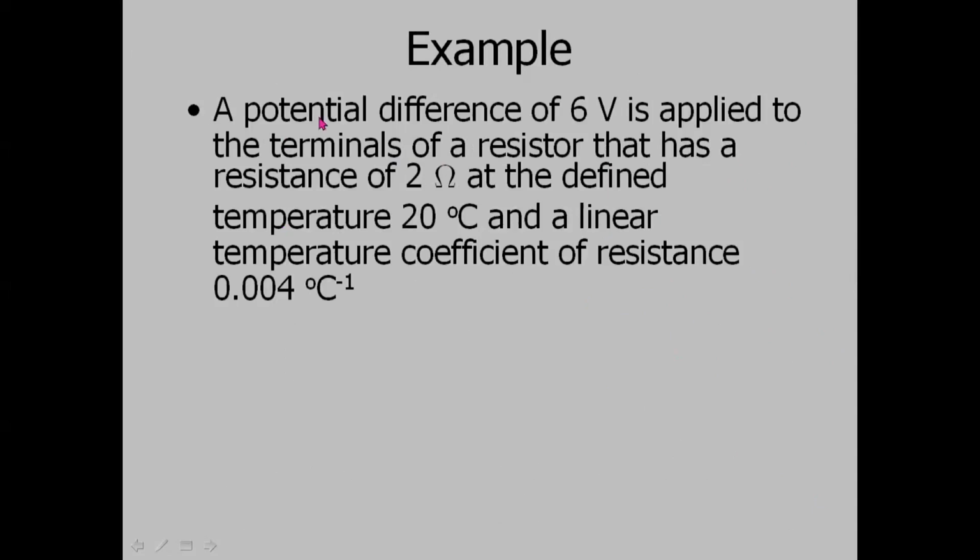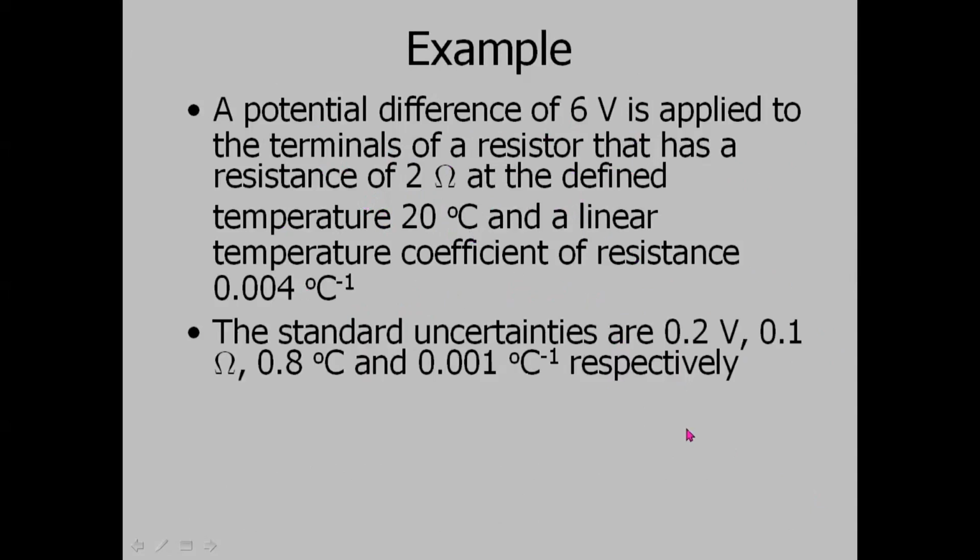Now let us try a problem. A potential difference of 6 volts is applied to the terminals of a resistor that has a resistance of 2 ohms at the defined temperature of 20 degrees Celsius and a linear temperature coefficient of resistance of 0.004 per degree Celsius. We are interested in the resistance of a resistor.